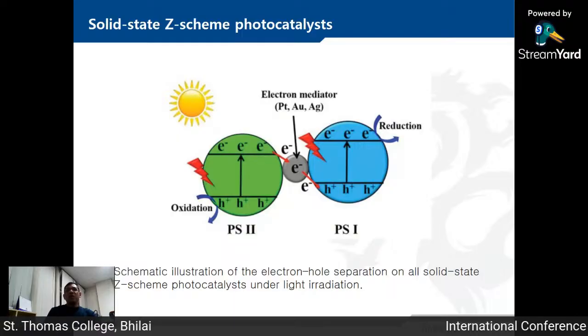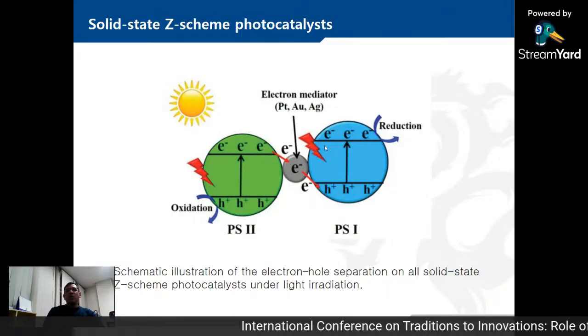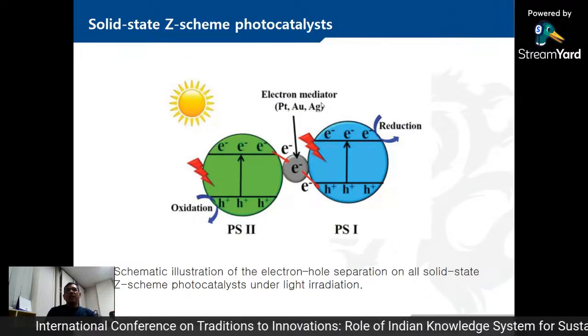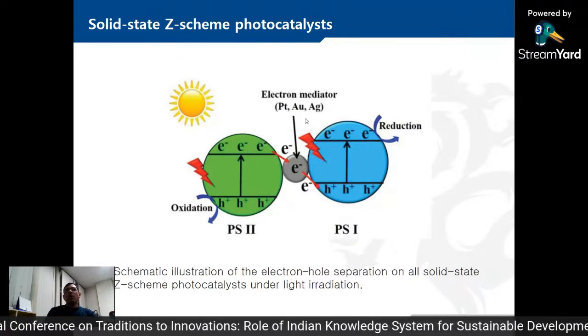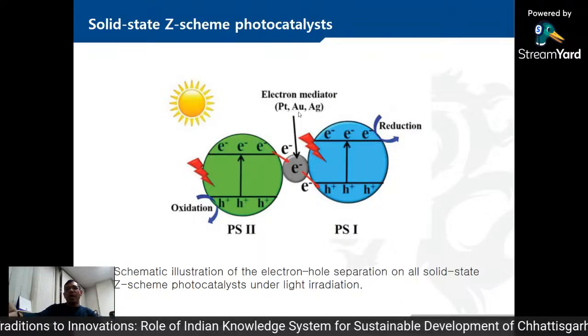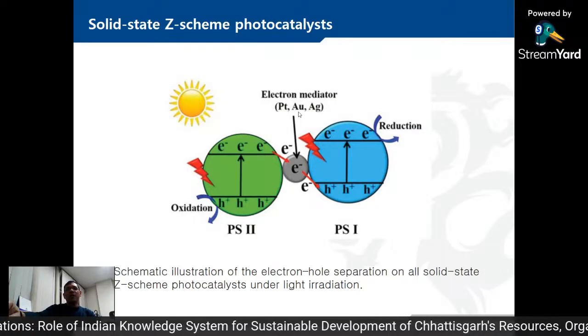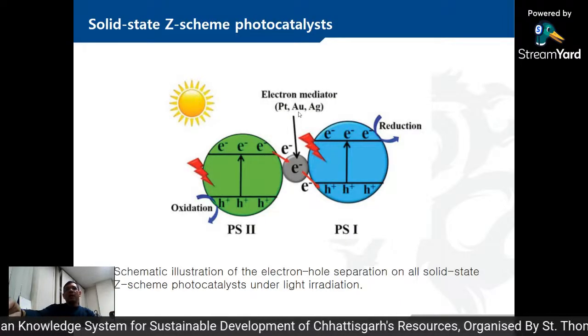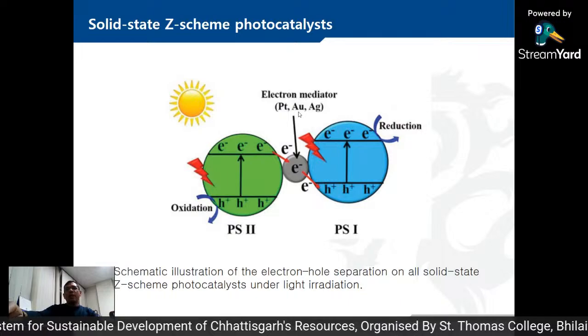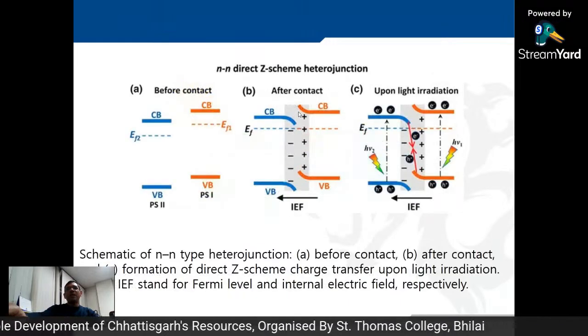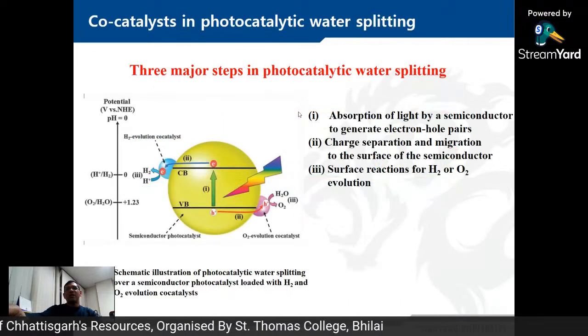In between semiconductor 1 and semiconductor 2, we can add an electron mediator like platinum or silver or gold nanoparticles, or even copper or any other metals. So this is the NN type of semiconductors. I just skipped this one. So these are the semiconductor motors.